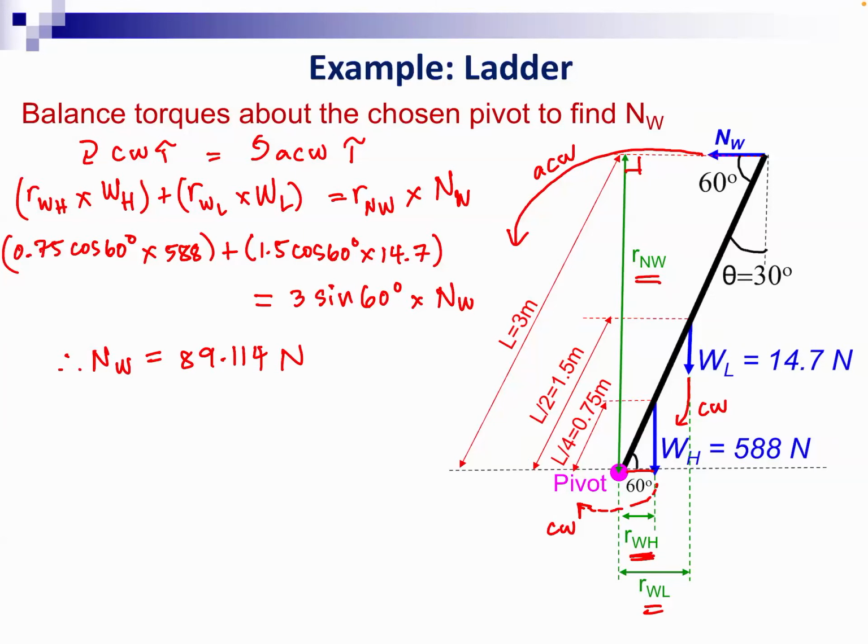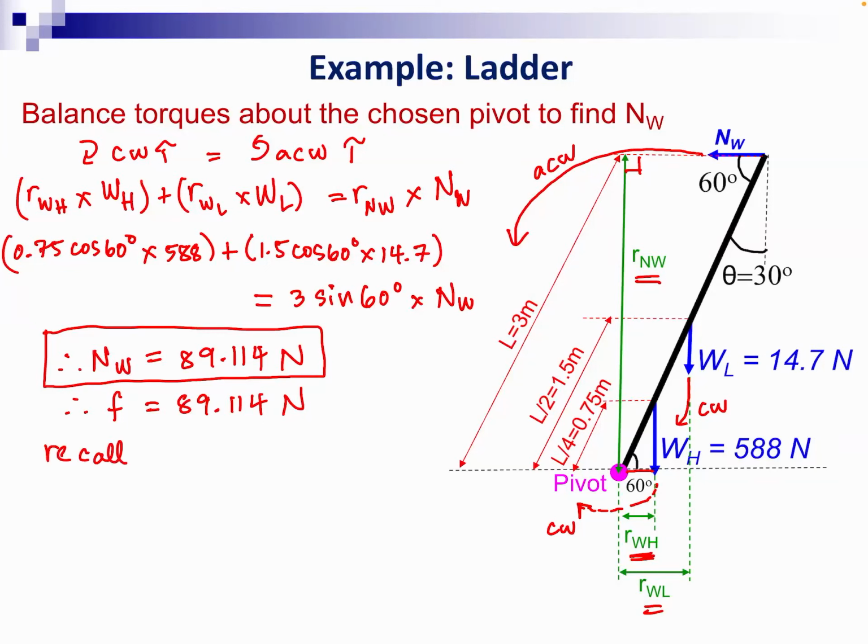And once you know NW, then you also know the frictional force, because frictional force is equal to NW, 89.114 newtons. And therefore, you can solve for the coefficient of friction.